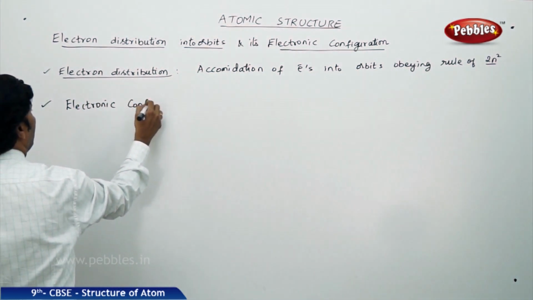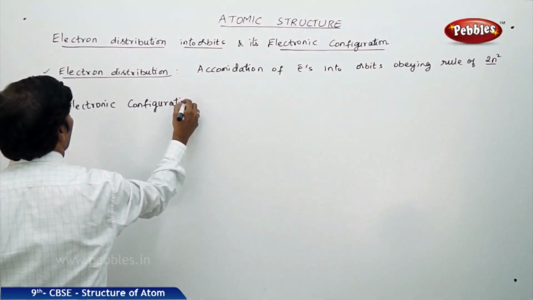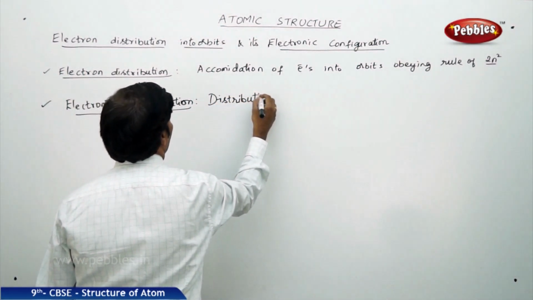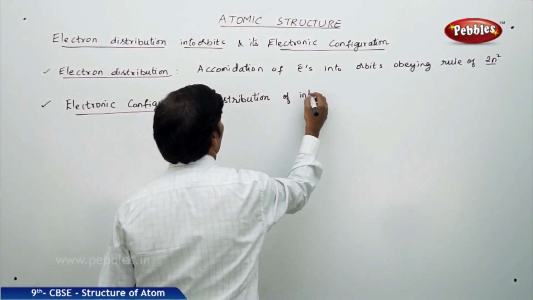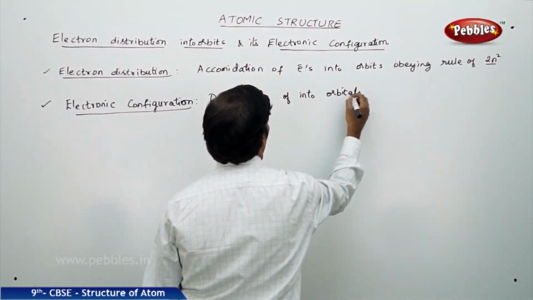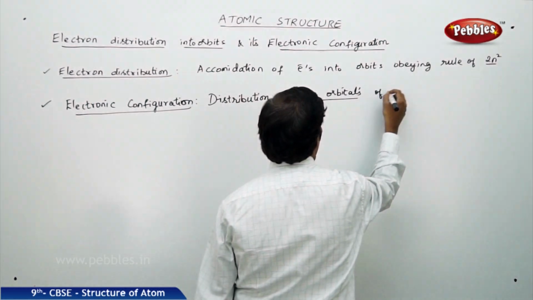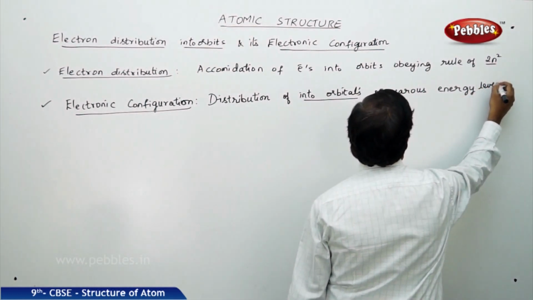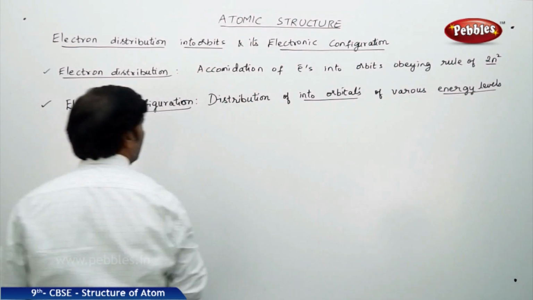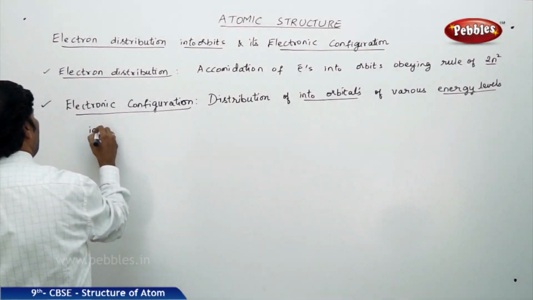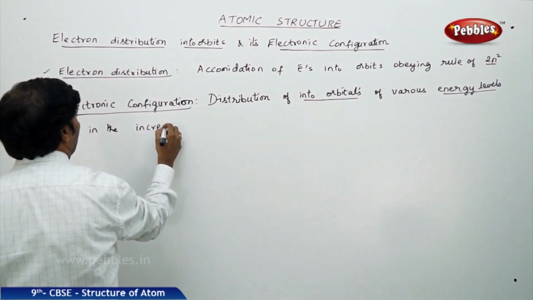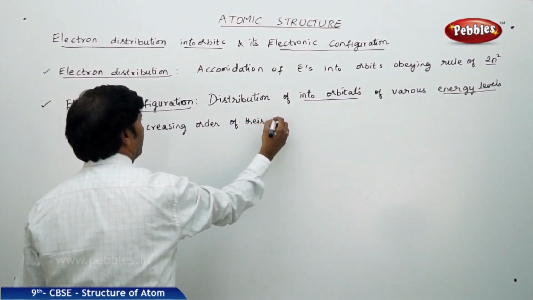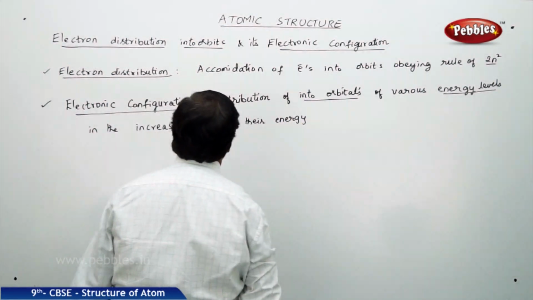Electronic configuration is the distribution of electrons into orbitals of various energy levels in the increasing order of their energy.